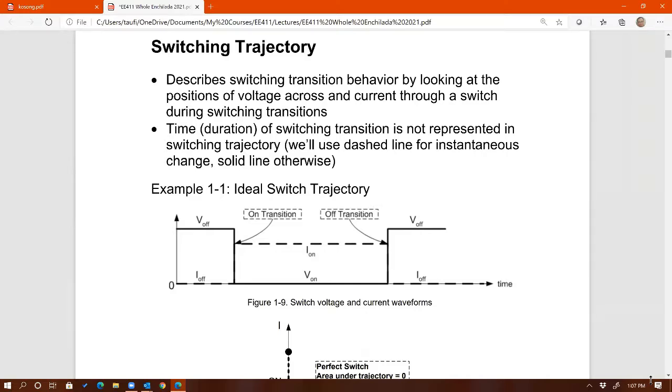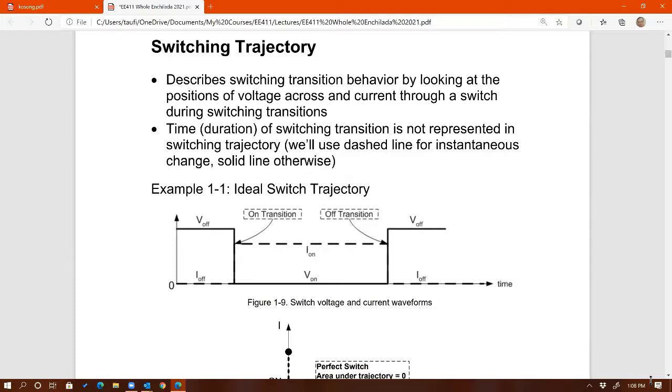Why is that important? Because if we understand how these waveforms behave, then the next step is to be able to attack this problem. Once we know how to analyze this behavior, then we can think about how to minimize or suppress this problem, how to prevent the overlap from happening. But before we reach this point, I think it's important for us to understand in more detail how switching behaves, and that relates to what we call switching trajectory.